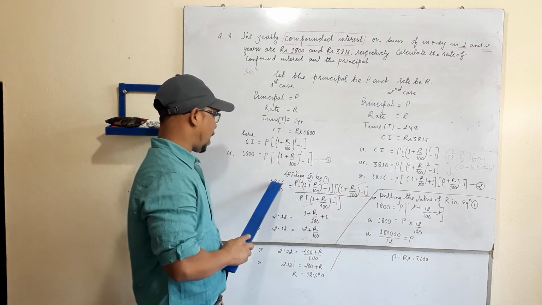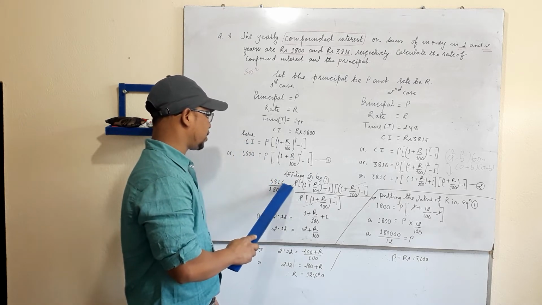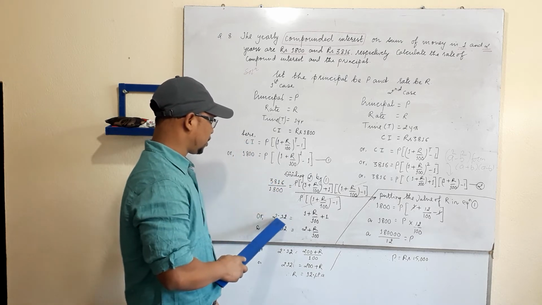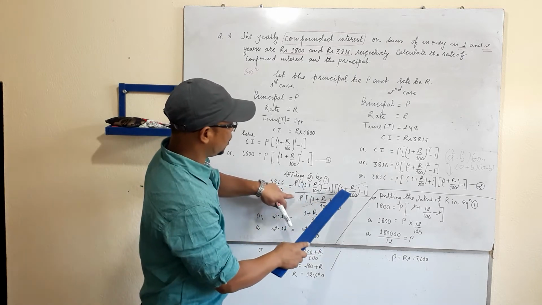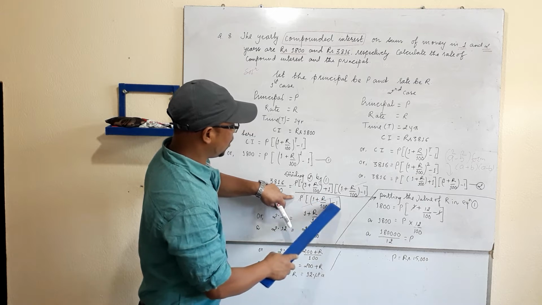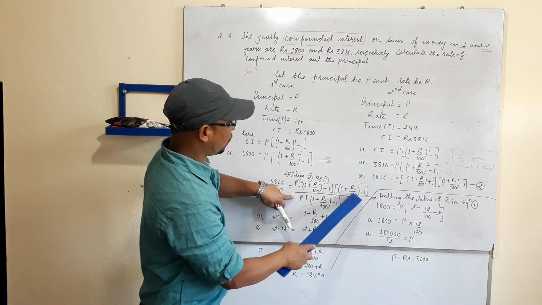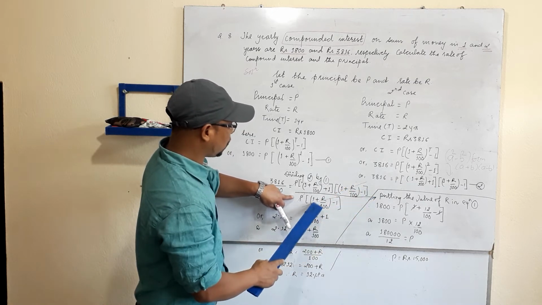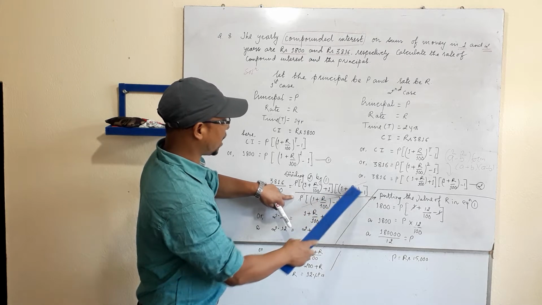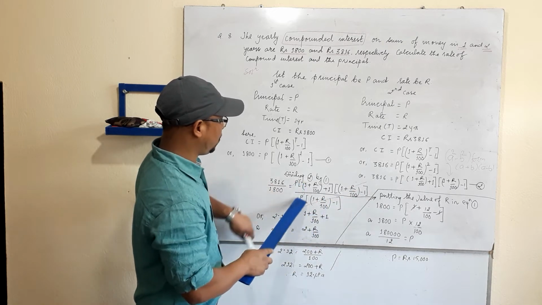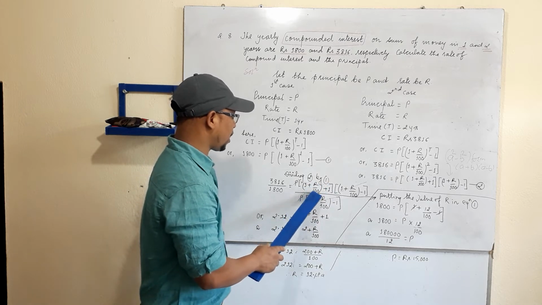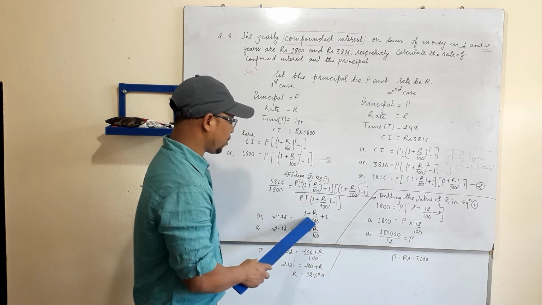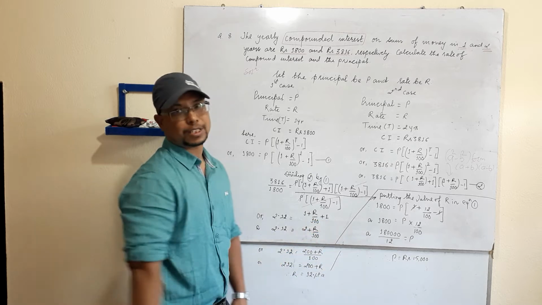Now 3816 divided by 1800 gives you 2.12. And here this value and this value are similar: (1 + R/100 - 1) cancels, and the P also cancels, and what is left here is 1 + R/100 + 1.